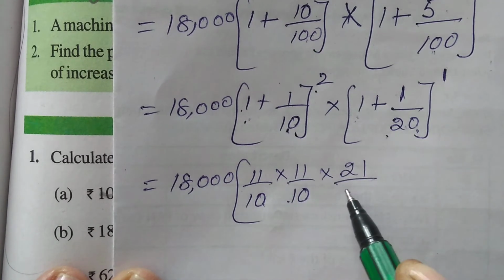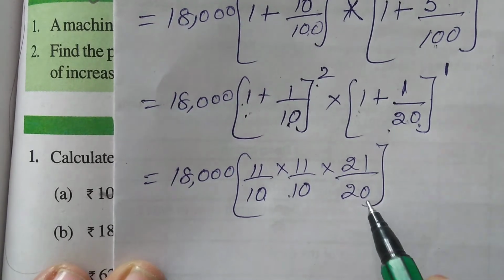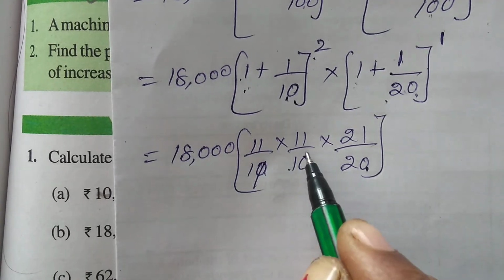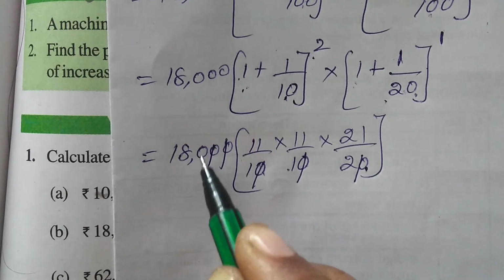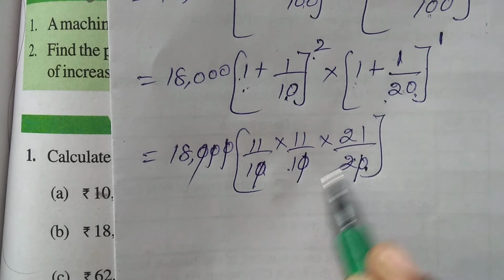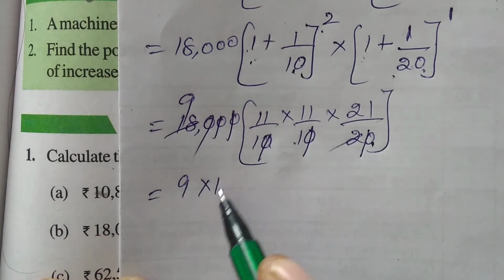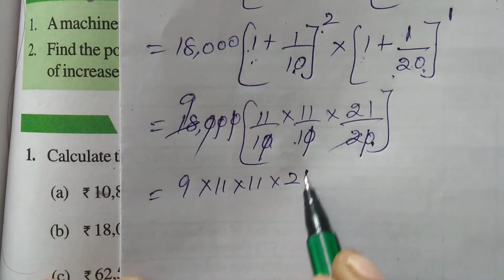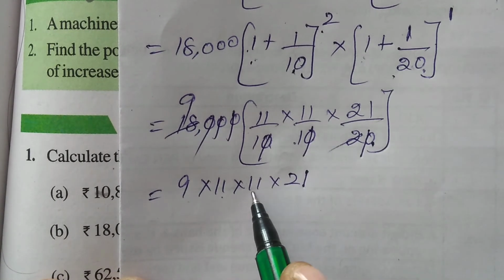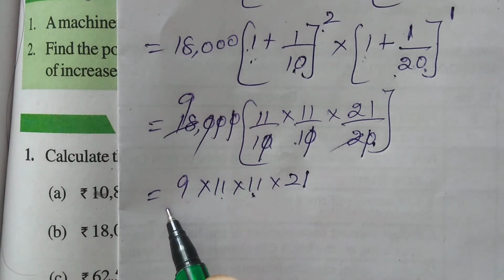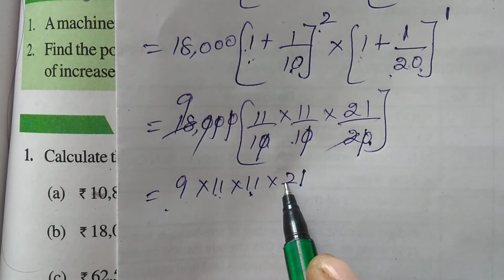Now you can see 3 zeros get cancelled with 3 zeros. Now 2 will go in 18 9 times. So I have 9 into 11 into 11 into 21. When we multiply, 11 11s are 121, 121 9s are 1089, and then multiplied by 21, we get the final answer to be rupees 22,869.